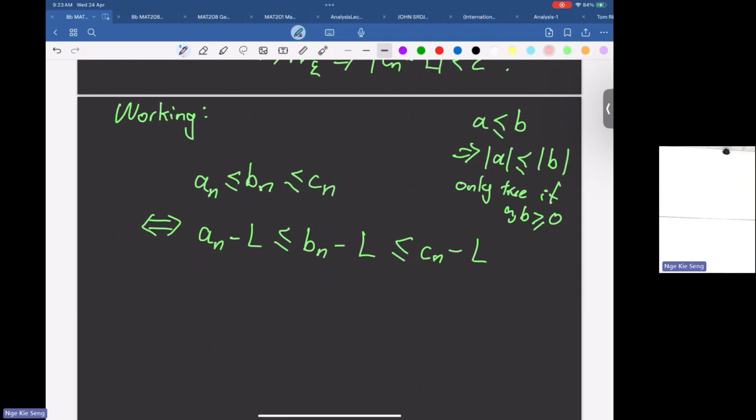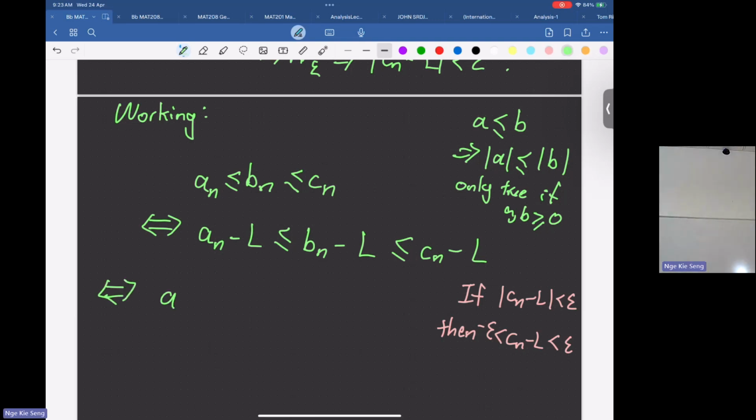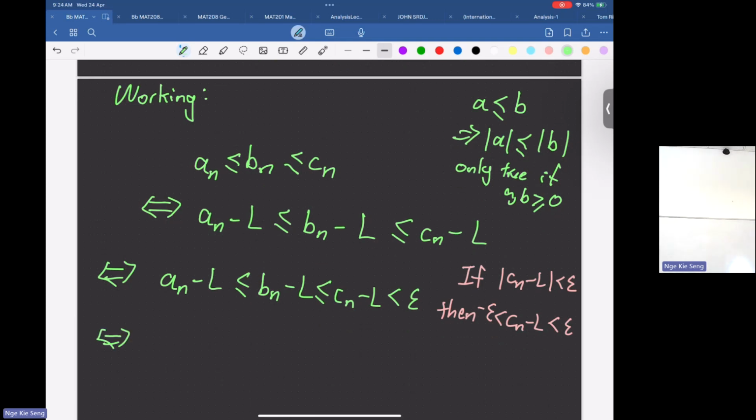Okay, so you're saying that if Cn minus L is less than epsilon, this implies that Cn minus L is less than epsilon and greater than minus epsilon. Okay, so you're going to use this to bound your Cn minus L. Similarly, you can do it for An, so An is also bounded below by some negative epsilon.